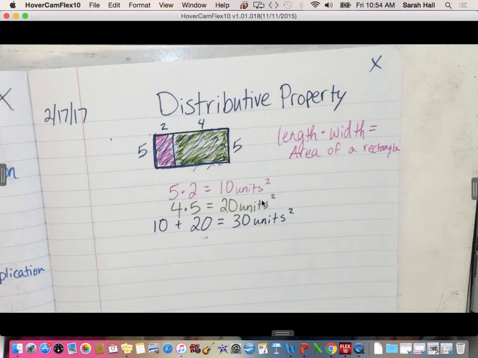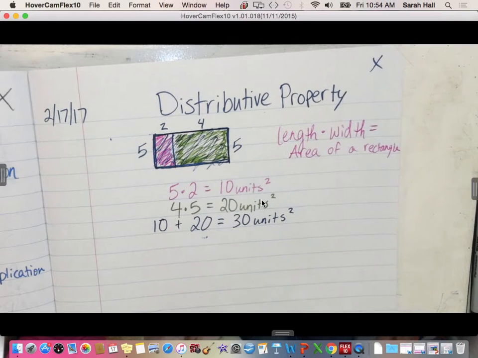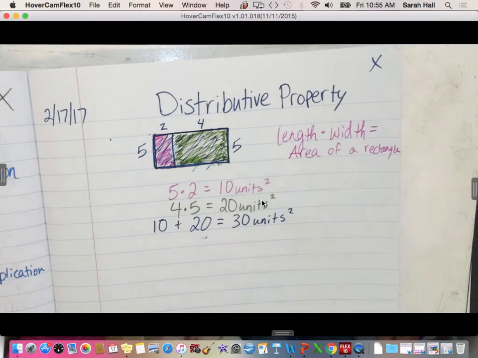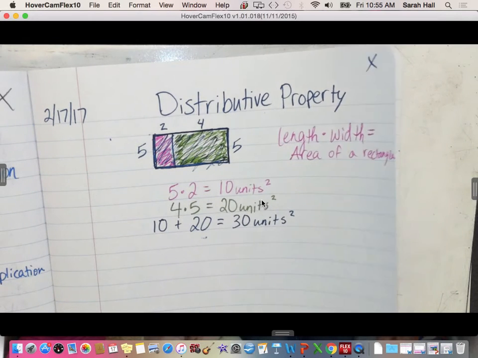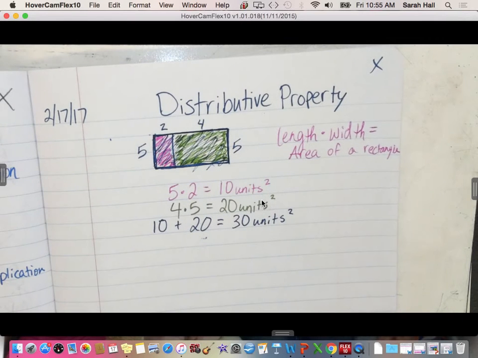Yeah. I think you just wait and multiply times like the answer from the first one, 5 times 2, equals 10, and then 4 times 5 equals 20, and then multiply 20 times 10. Would 20 times 10 tell me the area of the whole thing? If I have an amount here and an amount here, and I want to find the total between the two, would I be multiplying or would I be adding if I'm looking for the total?